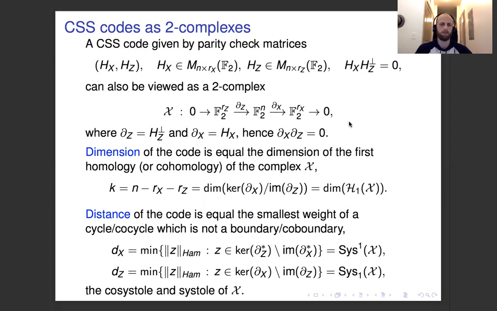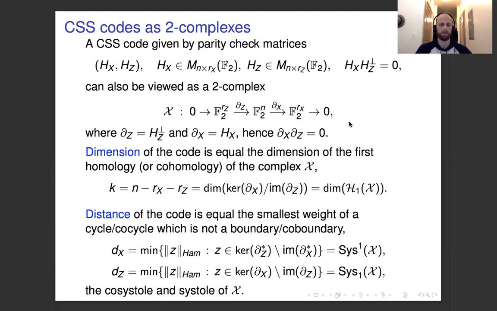One of the reasons it's useful to think about this second point of view is because some of the notions coming from quantum coding theory have analogs using this different language in the theory of chain complexes. For instance, the dimension of the code is equal to the dimension of the first homology or cohomology of the complex. Another example is the distance of our code, which is the minimum of two distance parameters.